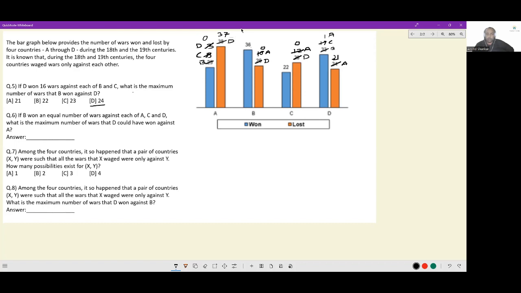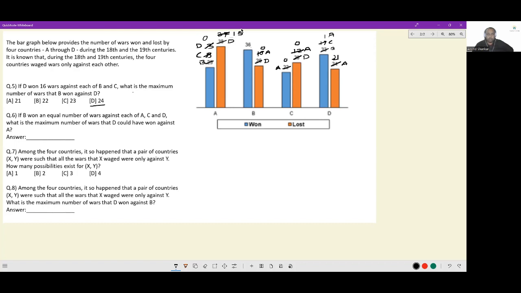Now 22 wins of C, I don't want it to come against D because I'm looking to maximize victories of B against D. I don't want to impact the losses of D unless it is impossible not to do so. So first thing I'll do is 22 wins will be against A. It comes to 0.